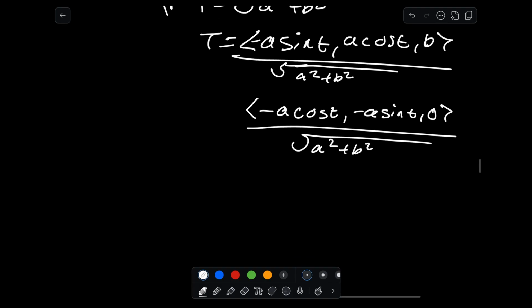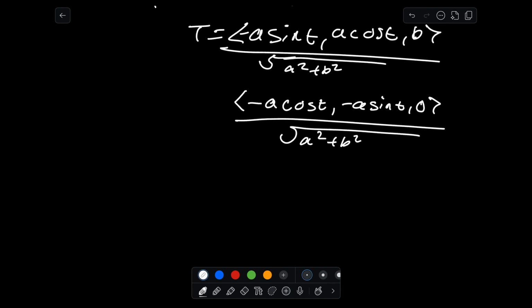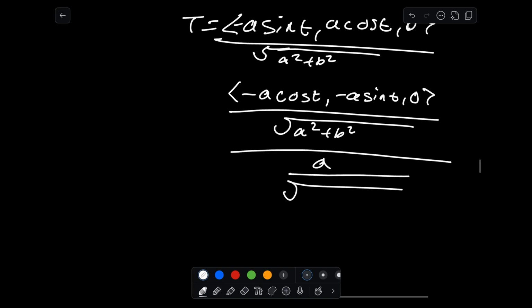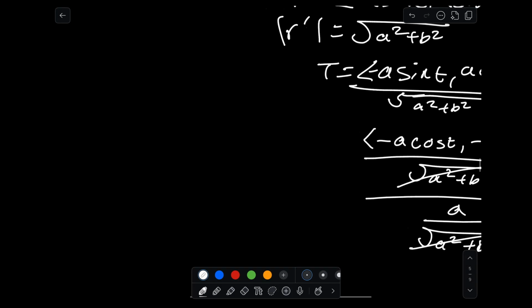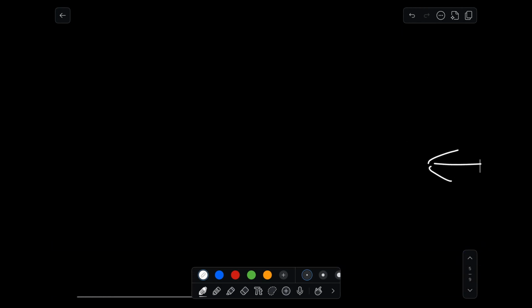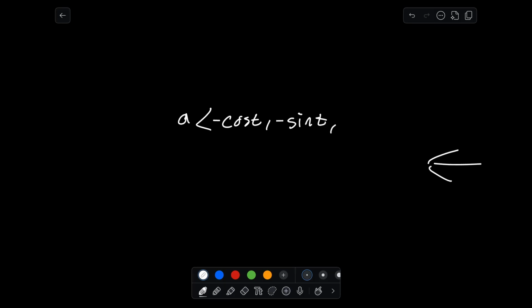Then if you take the magnitude of this entire quantity, you're just going to get a. And this is a constant, right? Square root of a squared plus b squared. So this is just going to cancel out, and then we're left with this whole quantity. We have a times negative cosine t, negative sine t, 0.